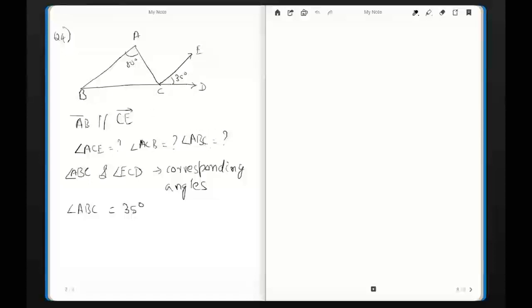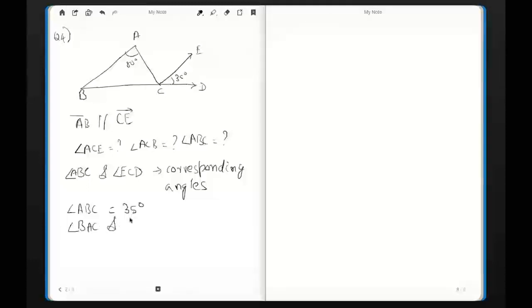Now what about angle ACB? Angle ACB, right? Now how do you do that? Now, if you look at AC, it can also be considered as another transverse line, which is cutting the lines AB and CE. And so in which case I can also say angle BAC.